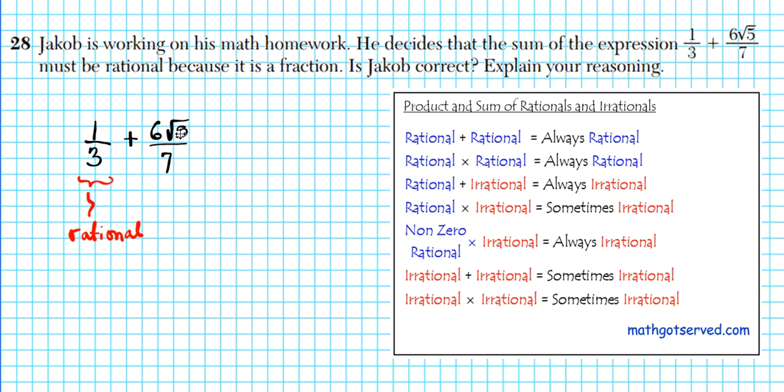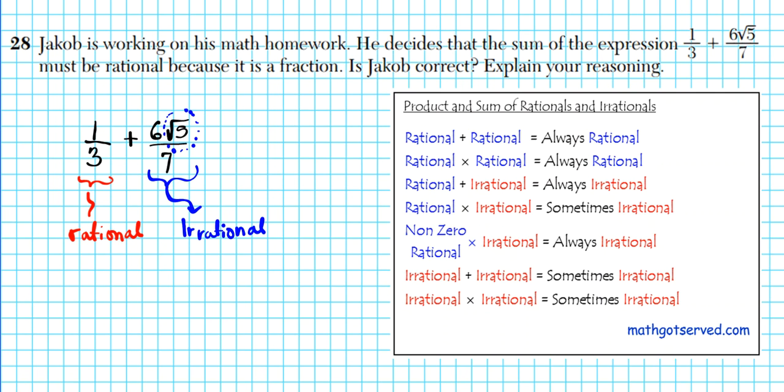Now, how about this number right here? Because of this root 5, which is a radical that has been simplified completely, if you have a number where the radical component has been simplified completely and the radical remains, because of the presence of that radical, the entire number becomes irrational. Okay, irrationals have that radical component to them. Irrationals cannot be expressed as a quotient of two integers.